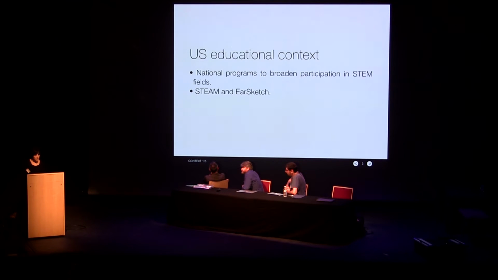Broadening participation refers to the idea that there are certain populations which are underrepresented in STEM fields, including women, or Latinos, or Afro-Americans. And so a program could be CS for All, computer science for all, and the idea is to try to get more representation.